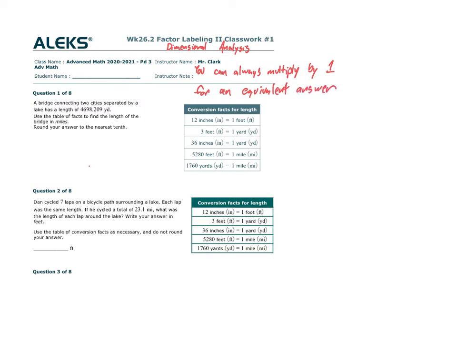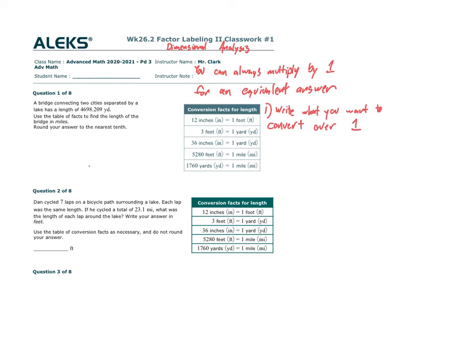Okay, so we're going to write the steps down. If you didn't write down these steps earlier, I want to see these in your notes. There are 4 steps. First, we're going to write what you want to convert over 1.